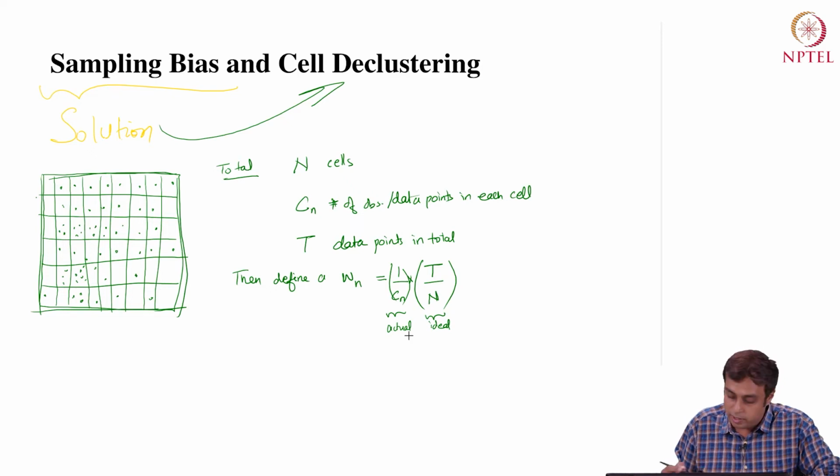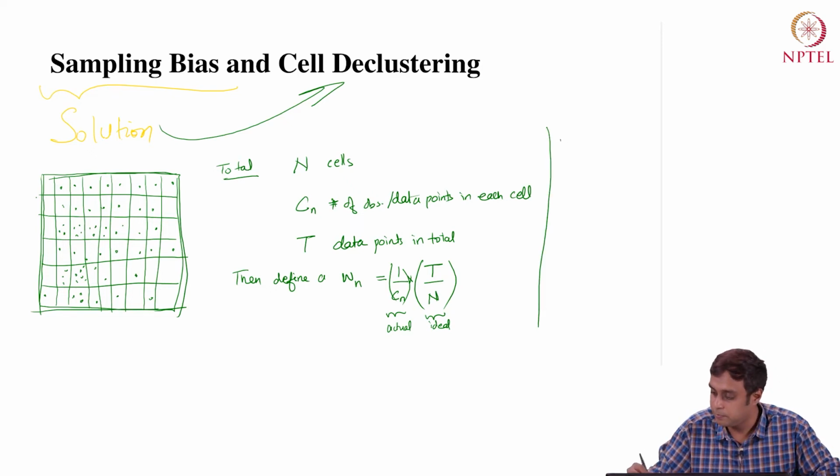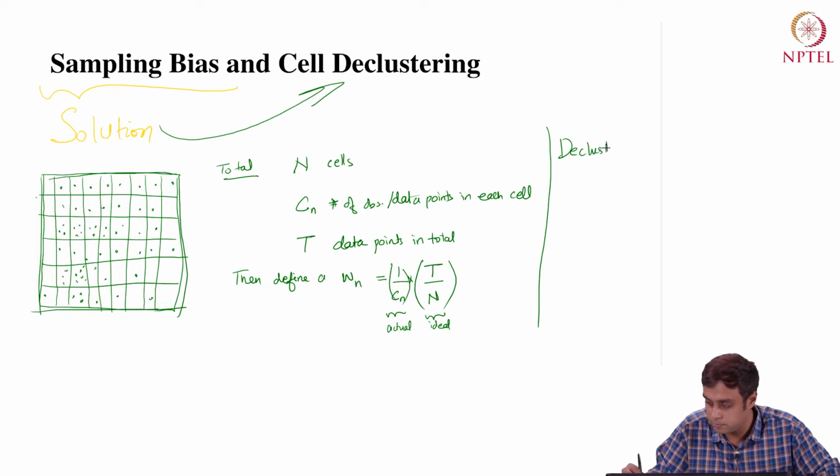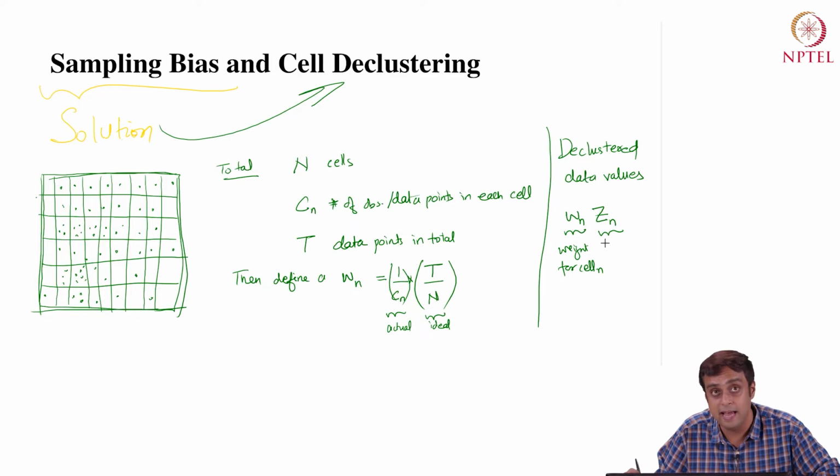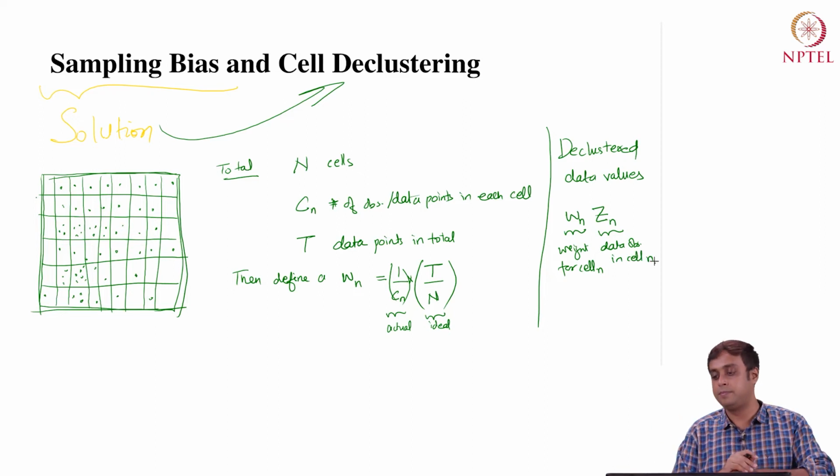Okay. So, declustered data values will be Wn Zn. This is the weight, right, for cell n, and Zn is the data observation in cell n.